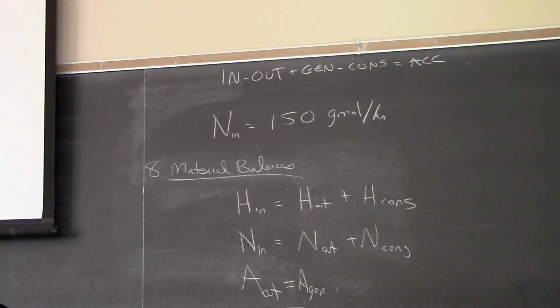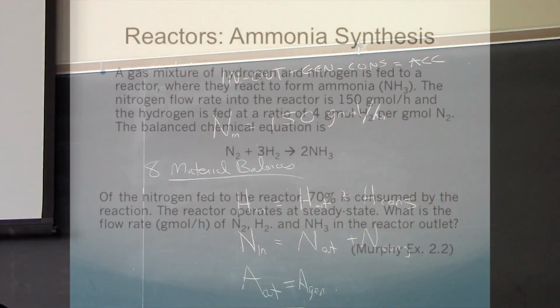I have a quick question about step 7: do we have to say 2 times N consumed is A gen? Ah, shoot, I did erase that. Step 6 says define system variables for generation and consumption.